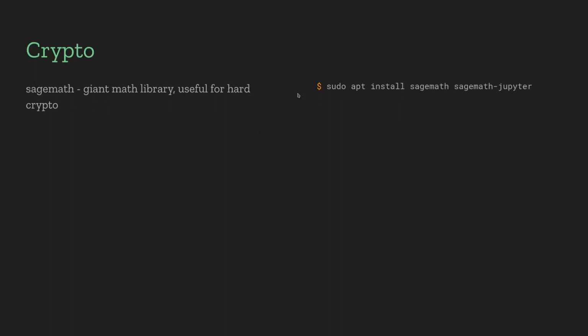So most crypto problems can be done without any non-standard tools. Like you might need Netcat, you might need to run some Python code. But for really difficult crypto problems, you end up doing crazy math. And there's this Python, I hesitate to call it a Python library, but that's kind of what it is. It's like a giant math library that just implements a ton of super crazy math.